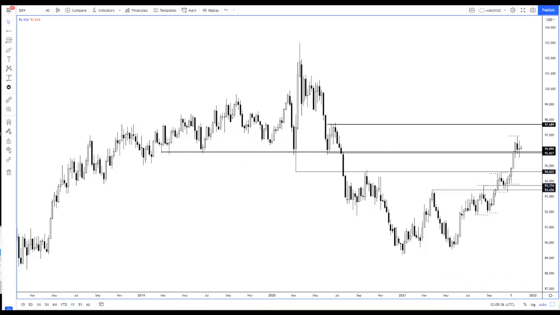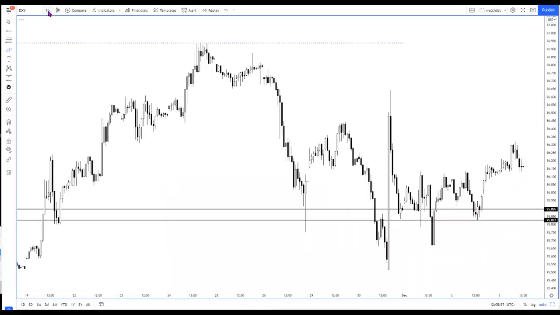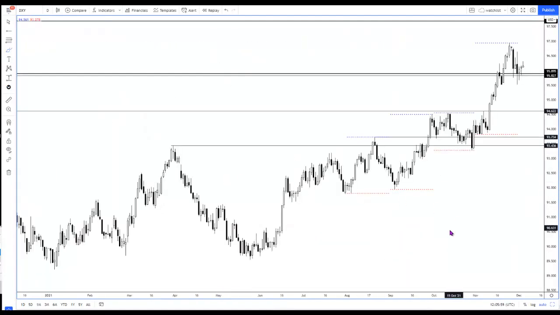This previous big base in the DXY is the level that buyers were protecting before eventually price broke to the downside. Now we are above this historic key level, but we do have non-farm payrolls today. So again, we are not going to front run this event.